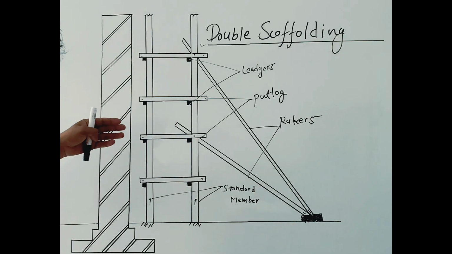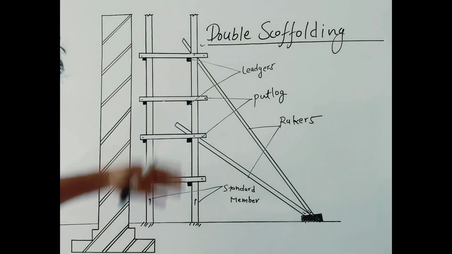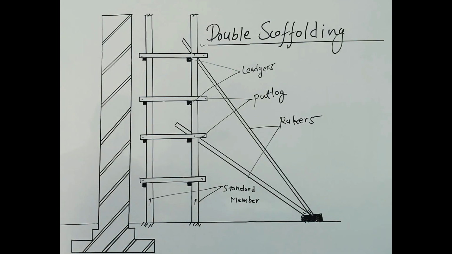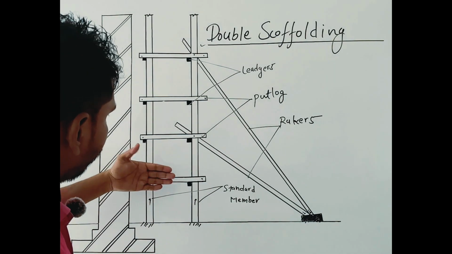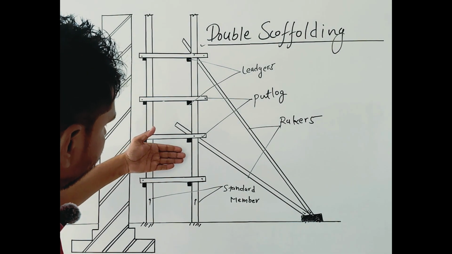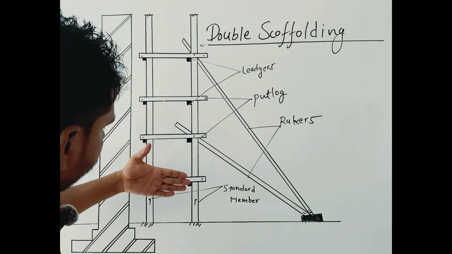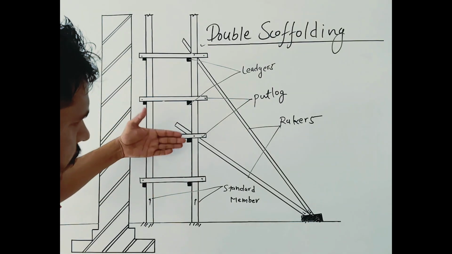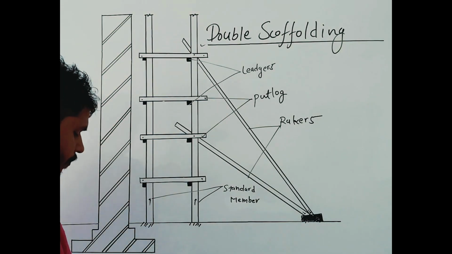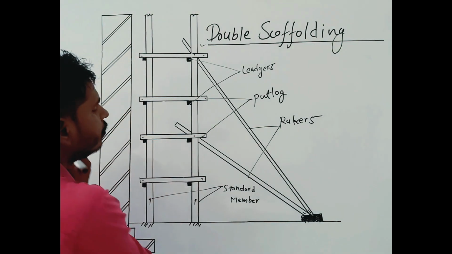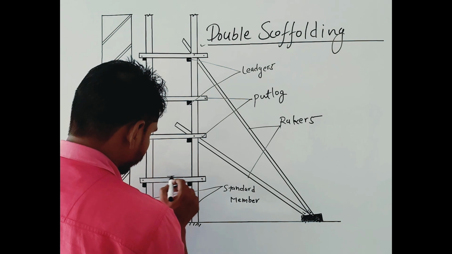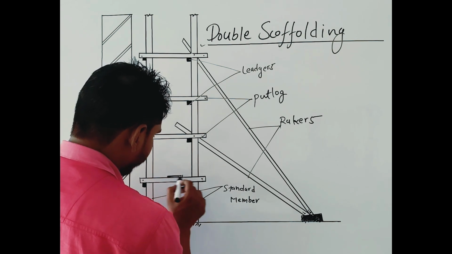Here we can see a cross section view. Another standard and another put log come behind it, one by one. For workmen, we provide this.